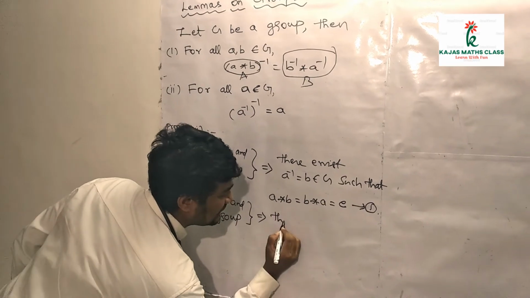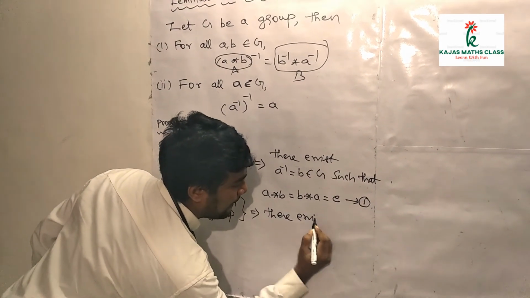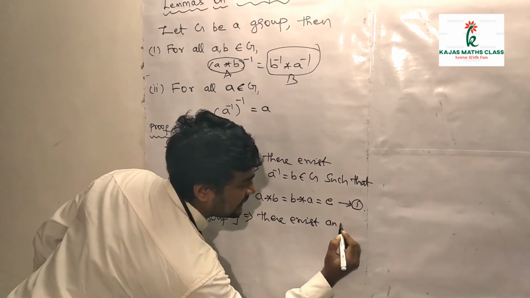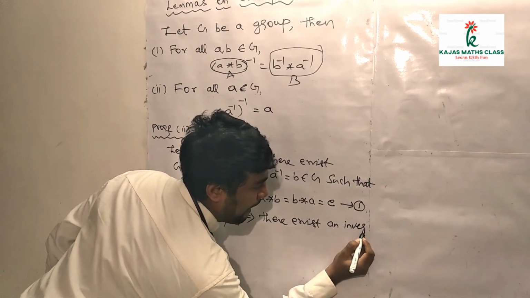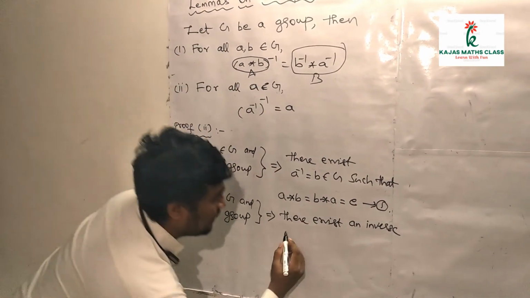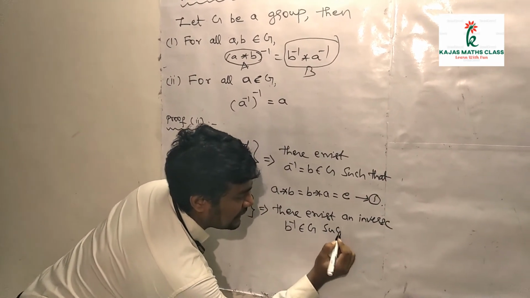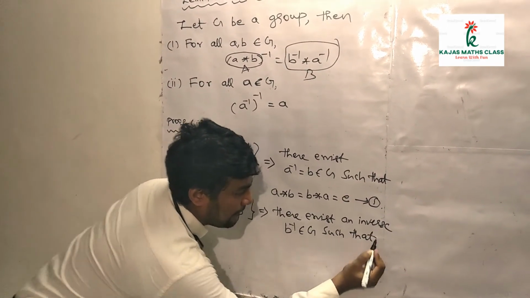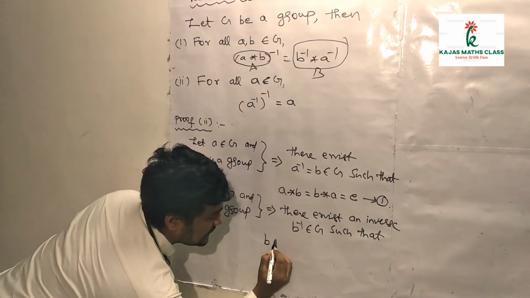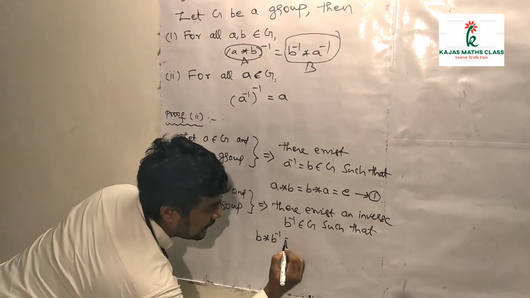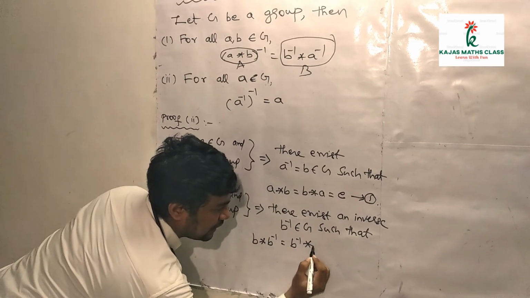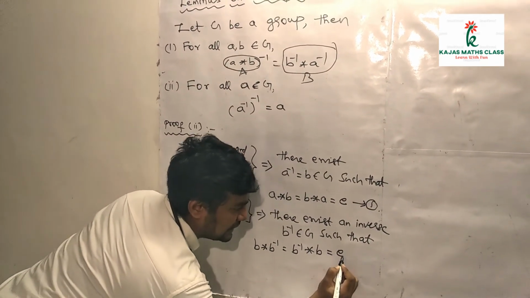There exists an inverse b inverse belonging to G such that b * b inverse equals b inverse * b equals e.